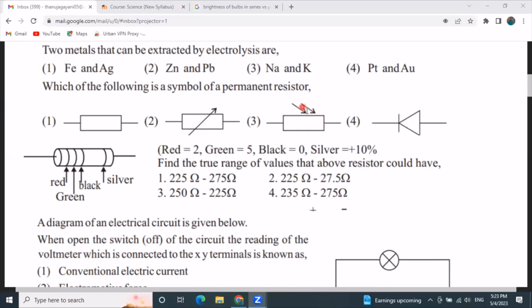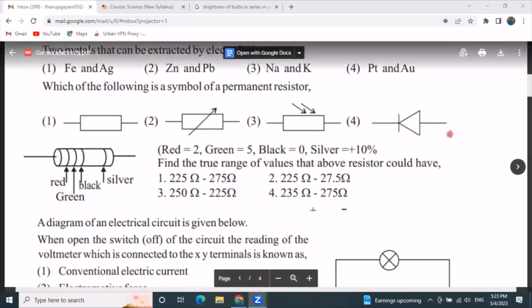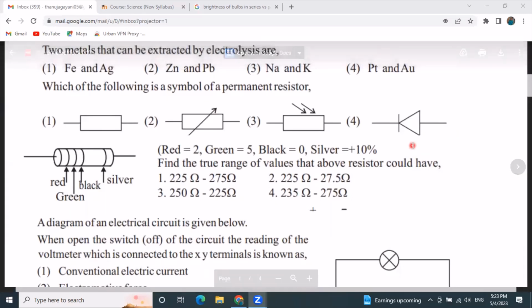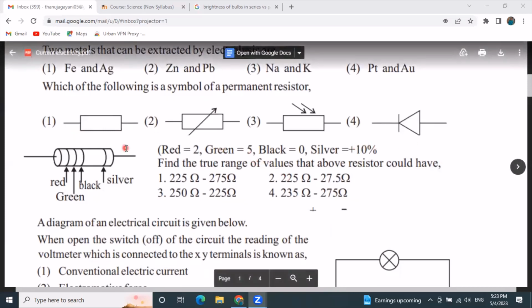These two inward arrows represent this resistor as a light dependent resistor. And the fourth symbol is the symbol of a diode. You can learn about diodes in detail in grade 11. Okay. So the correct answer is the first one.